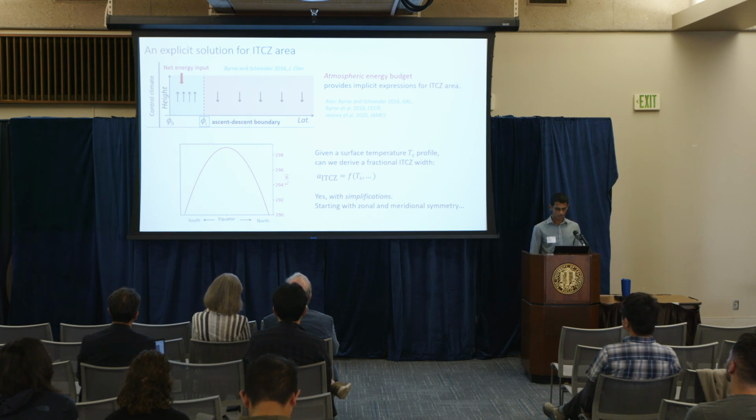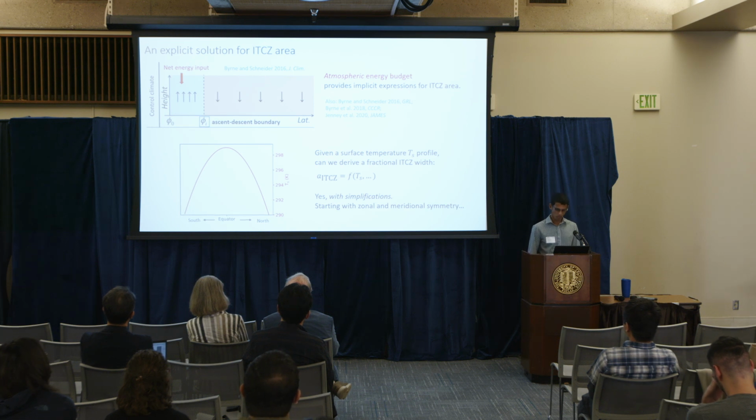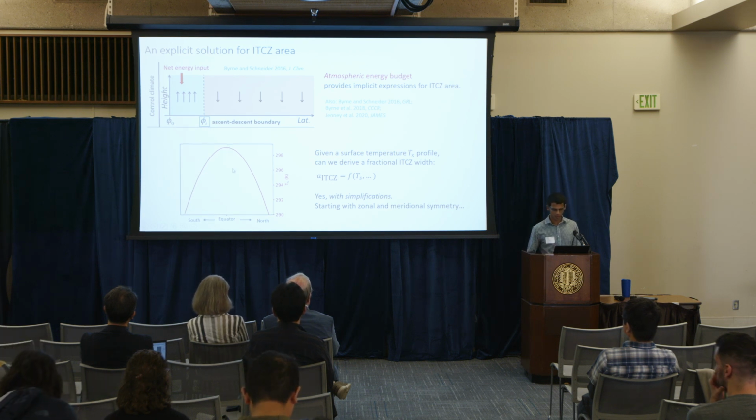We do that here, but to do so, we have to make a lot of simplifications, starting with zonal and meridional symmetry. Zonal symmetry means nothing varies in the zonal direction, so there's only one effective length dimension, north and south. Meridional symmetry means things peak at the equator, and then drop the same way in both the northern and southern directions.